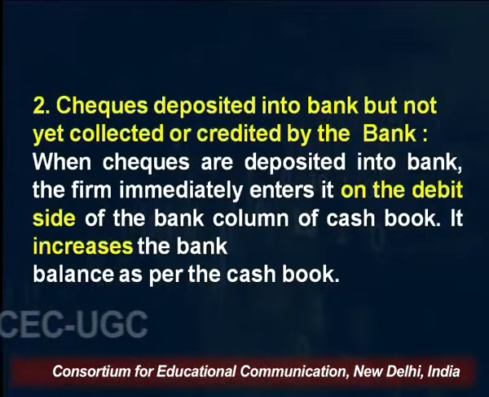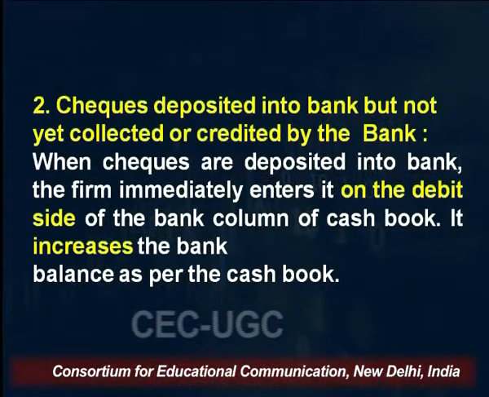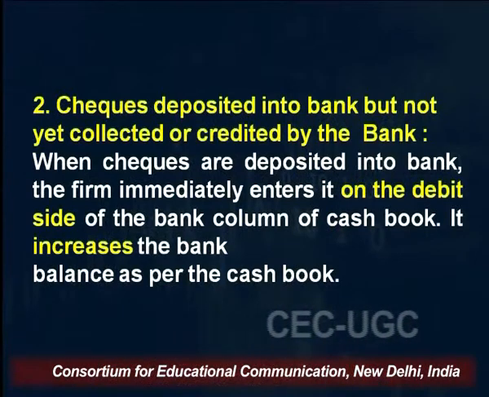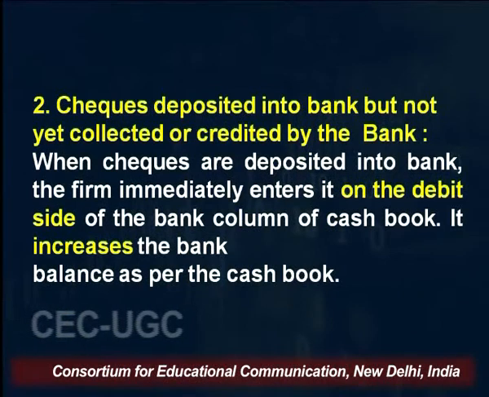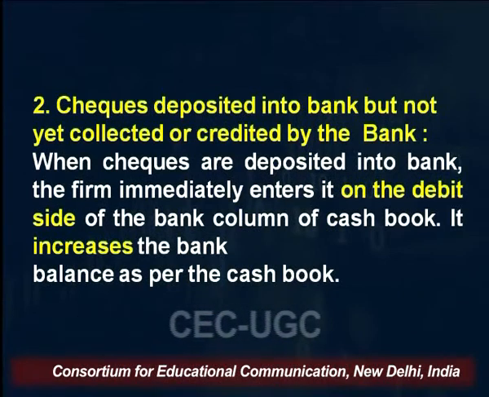The next reason for the differences between the cash book and passbook is when a check is deposited into the bank but not yet collected or credited by the bank. When checks are deposited into the bank, the firm immediately enters it on the debit side of the bank column of the cash book.